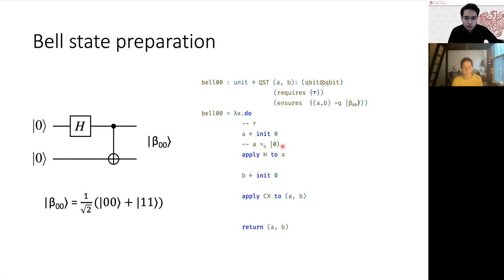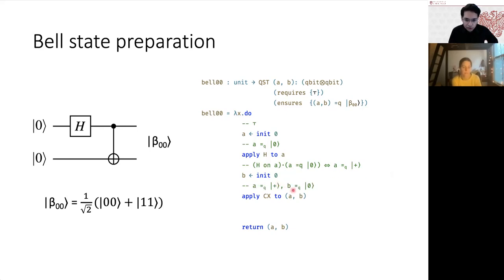the set of propositions now includes a precise A equal to ket 0 state proposition. Applying Hadamard, we can use the axiom for applying unitaries, and I'm using this symbol to just show rewriting or a simplification step. So now we know that A is in this precise ket plus state, which is the equal superposition of 0 and 1. And that's the job of the Hadamard gate.